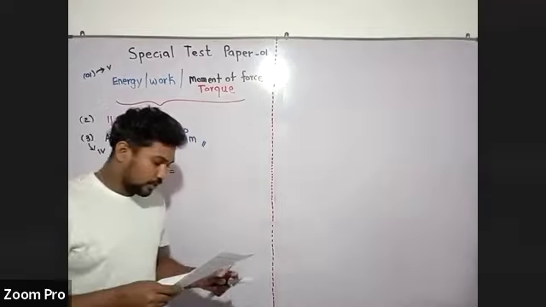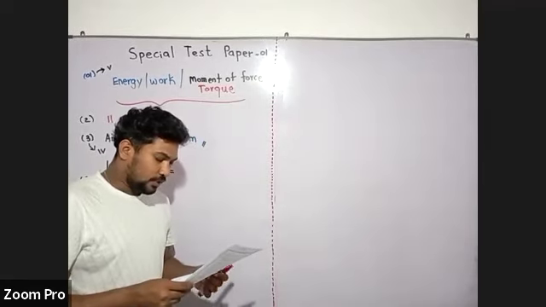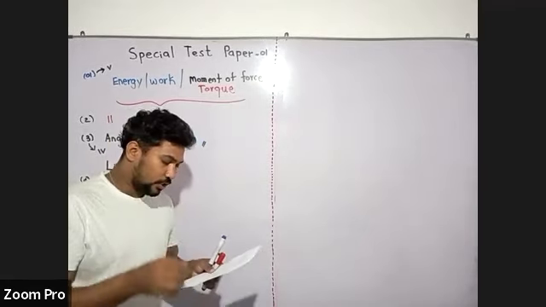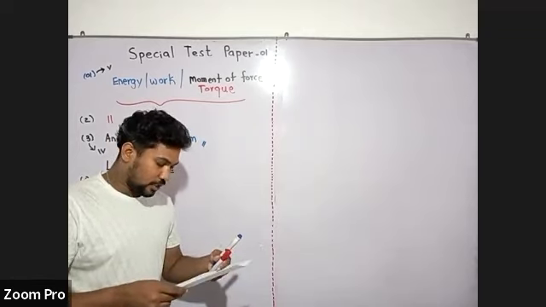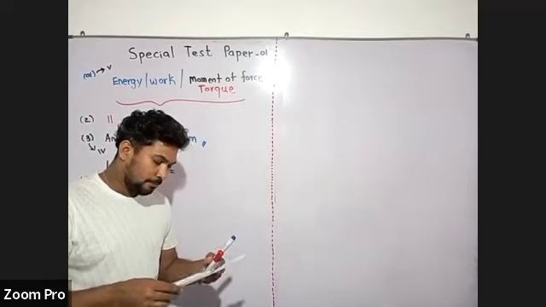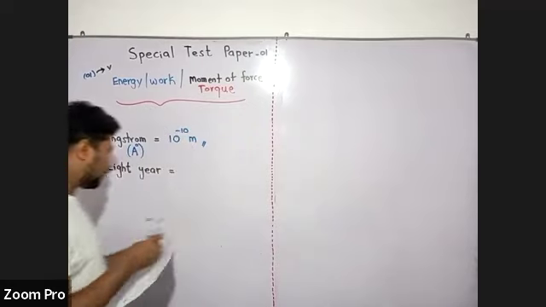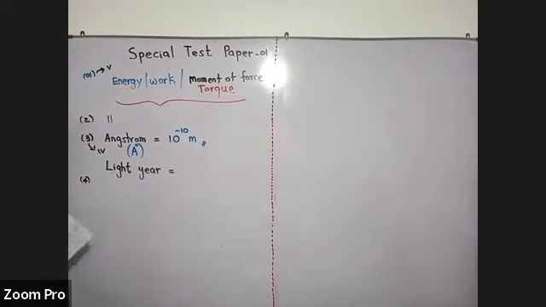In the fourth question, S denotes the distance traveled by a particle with uniform acceleration a, initial velocity u, in the time t. Right. So now let's consider the equation.